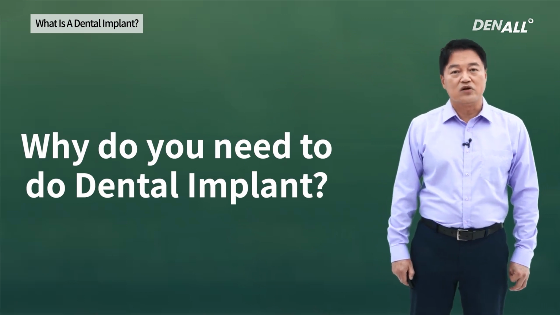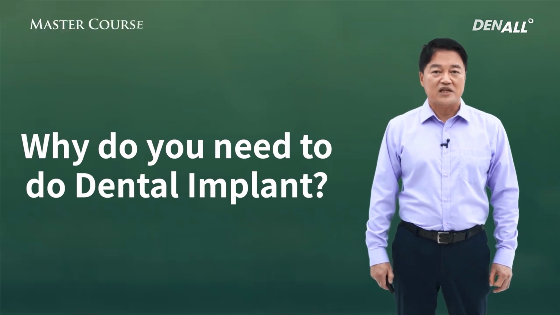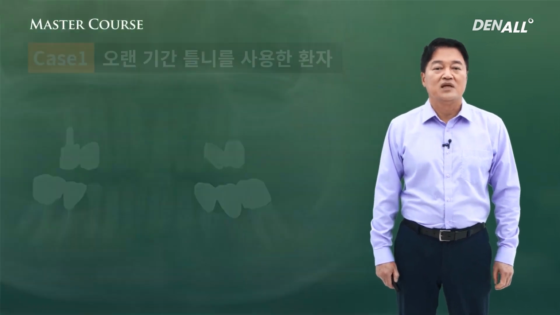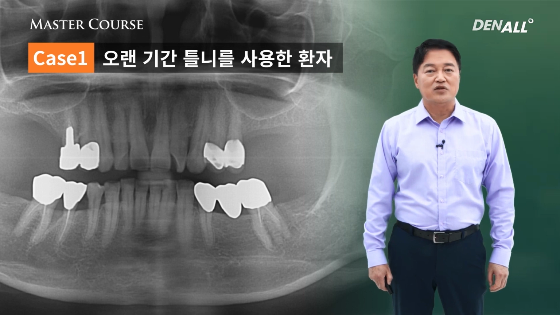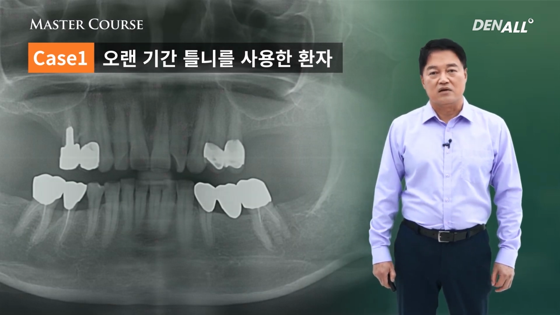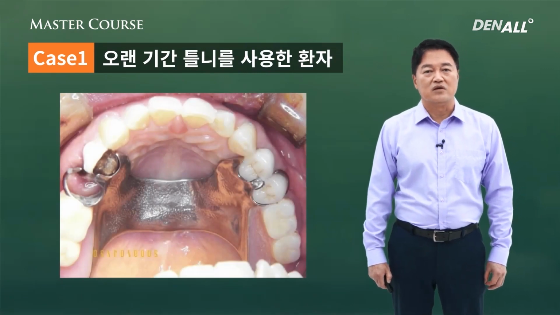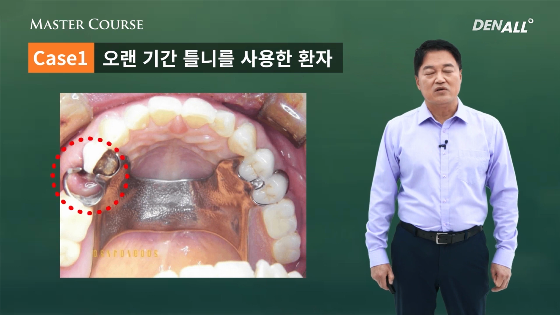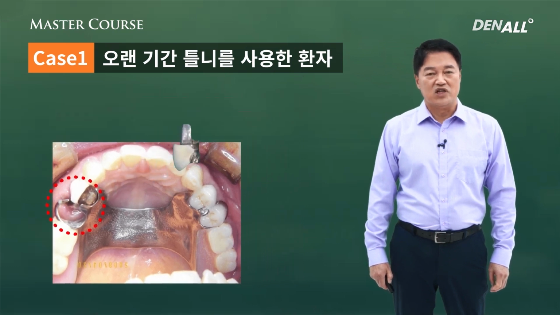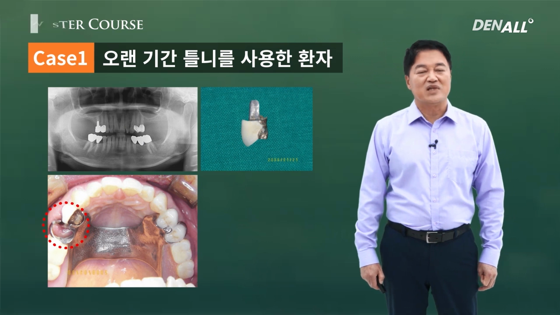First, let's look at a couple of clinical cases and think of why we need implants. This is the first case. This patient has been using denture for a long time. The patient came in. So this was the state. On the right, the surveyed bridge was separated and the crown post fell out.